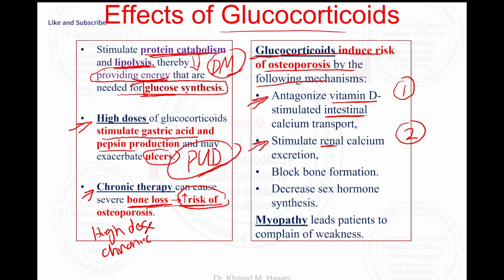Number three, block bone formation. And number four, decrease sex hormone synthesis. So we have four mechanisms by which glucocorticoids increase the risk of osteoporosis: antagonizing vitamin D at the intestinal level, increasing calcium excretion in the urine, blocking bone formation, and decreasing sex hormones like estrogen.